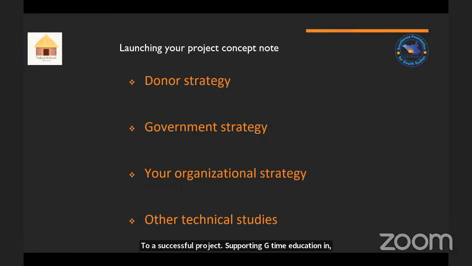If you have studies like this that are really backed up with good data, you can also use them to write your concept note. They can give you ideas on what to prioritize, and you can also argue with that technical study as a basis for you to say we can launch this idea. But most importantly, again, align it to the donor strategy, the government strategy, and your priorities as an organization.